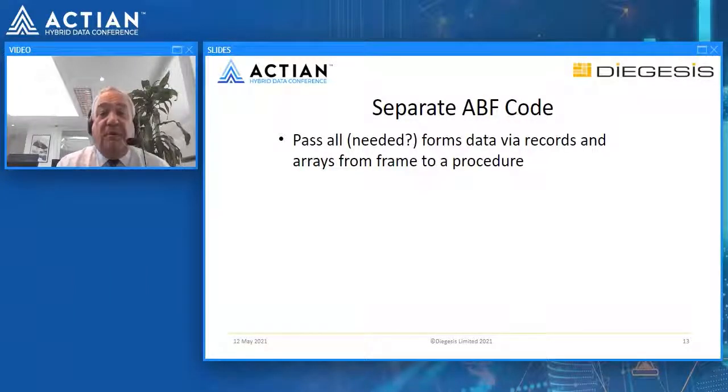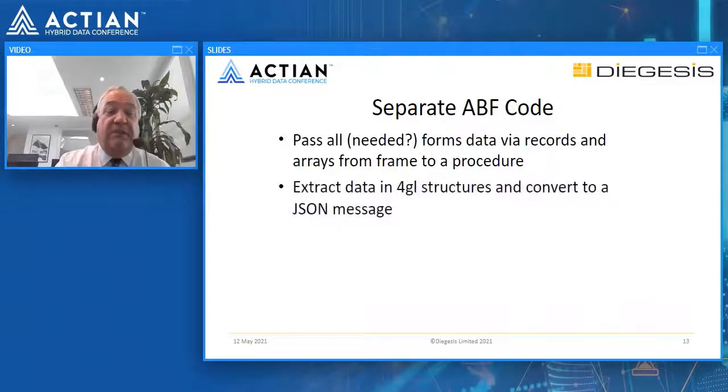So if we can pop those into an ABF record or arrays of records, and then pass that data via those ABF structures to the 3GL, then we can use the exec4GL features to extract the data and create a JSON message in our ABF code.